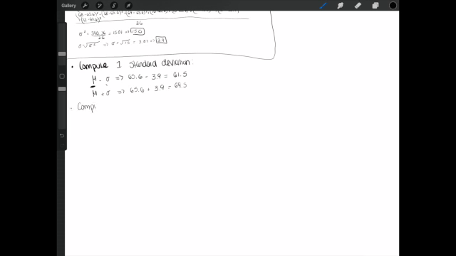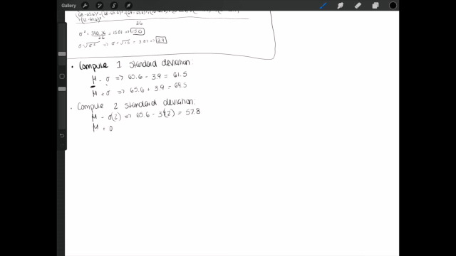So now we are going to compute our second standard deviation. We are going to use the same formula, but we are going to multiply our standard deviation by 2. This gives us 65.6 minus 3.9 times 2, and this gives us 57.8.